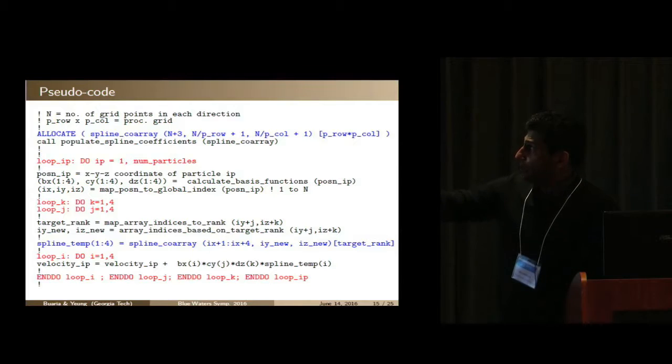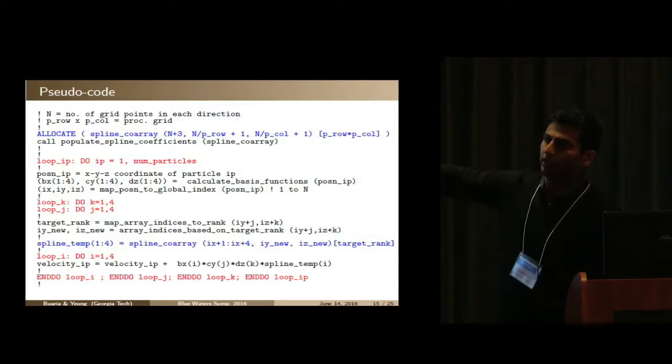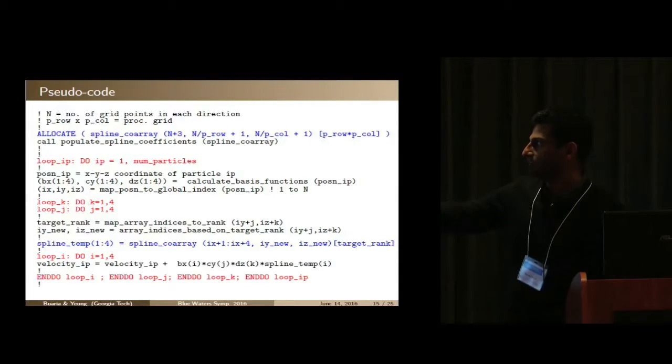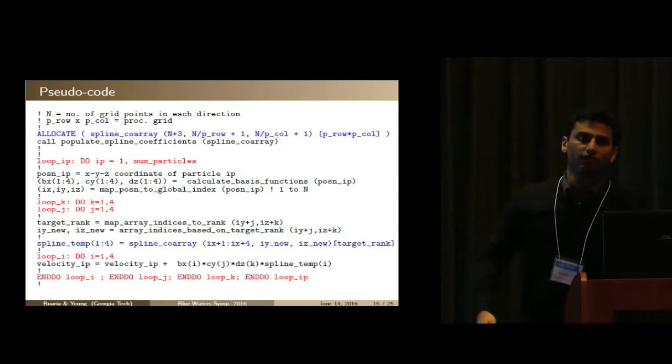Since the domain decomposition in this pseudocode is in the y and z directions, for every y and z, we find some index and fetch the data. The data is contiguous in the x direction, so we can fetch the entire row in x. Based on the index, we find the target rank, provide that as the co-array index, and fetch the data.